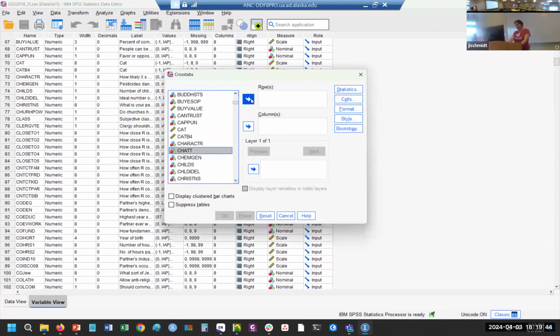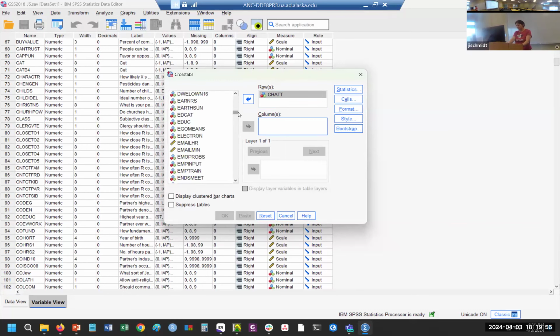This will go in the row. Row is usually reserved for the dependent variable. And then here, we're gonna put sex as the independent variable.